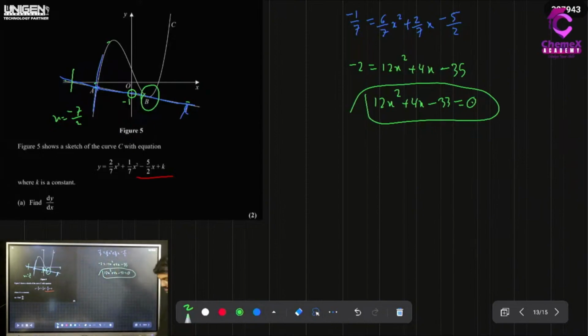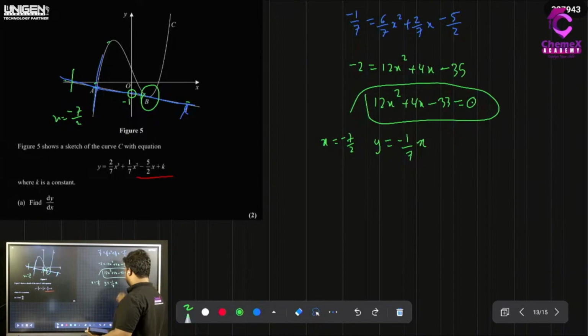So you put it into the equation. What is the equation? So if x is minus 7 over 2, what is y? y is equal to minus 1 over 7 x minus 1.